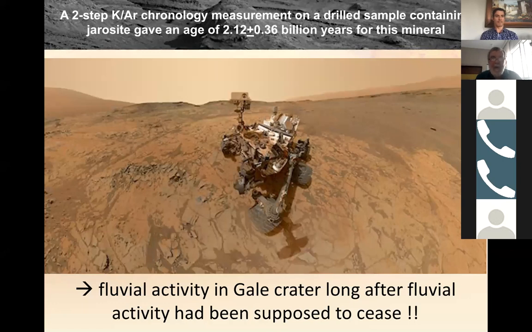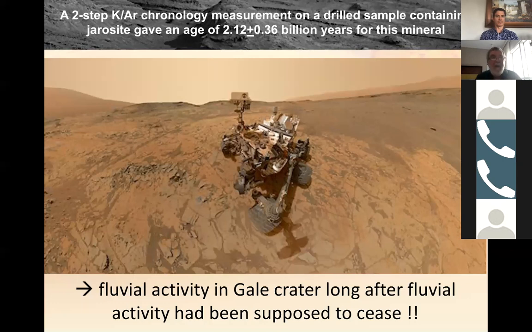There's one really interesting measurement that's really relevant for habitability, and habitability is not just whether you had water, but how long the conditions for life might have persisted. And one of the conditions for life being enough water over a long enough period of time.